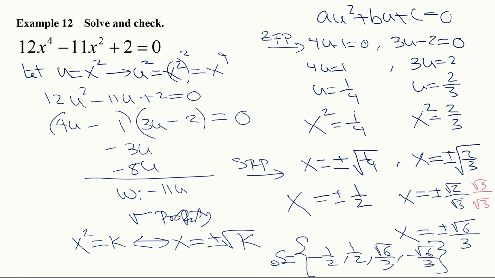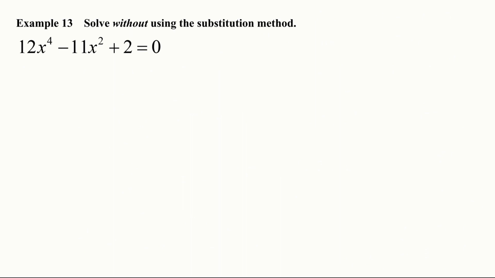And the last thing I want to do is this same problem again with you, but without substitution, because sometimes it's a little quicker to do it that way, right? So let's try that. All right, here's our last problem for the day. We're going to factor this just directly, without using substitution.